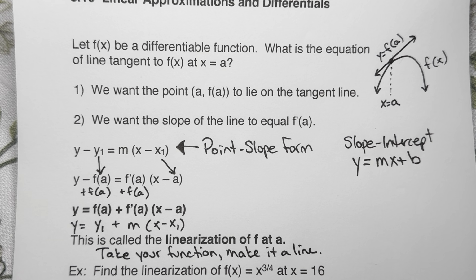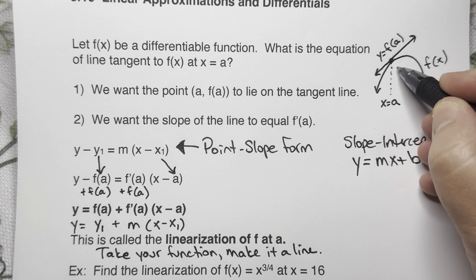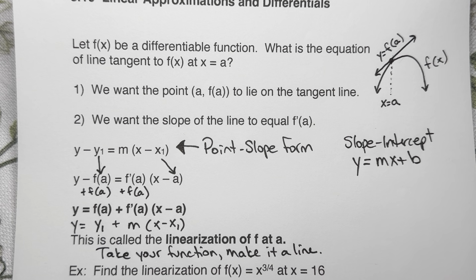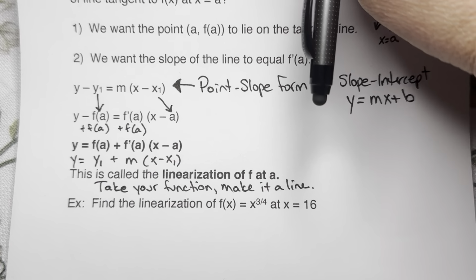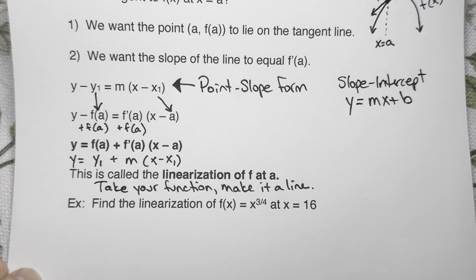So we're not going to be able to get a perfect line that matches the function exactly. But again, close to the point of tangency, it's going to be close enough, and that's going to help us with other things we're going to do. So, you guys ready? Let's do it.